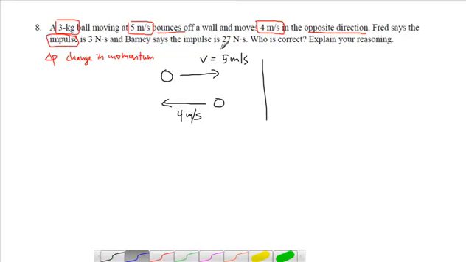So let's look at the momentum before. The momentum here was 3 times 5 going into the wall, which is 15. And then leaving, the momentum was 3 times 4, which is 12.